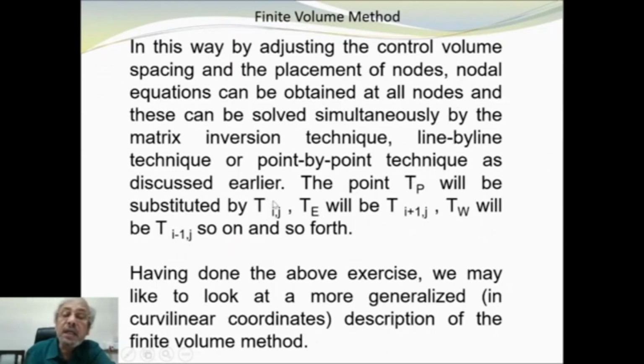As discussed earlier, Tp will be substituted by Tij, Te by Ti plus 1 j, Tw by Ti minus 1 j. Similarly, Tn will be substituted by Ti j plus 1, Ts by Ti j minus 1, and so forth.